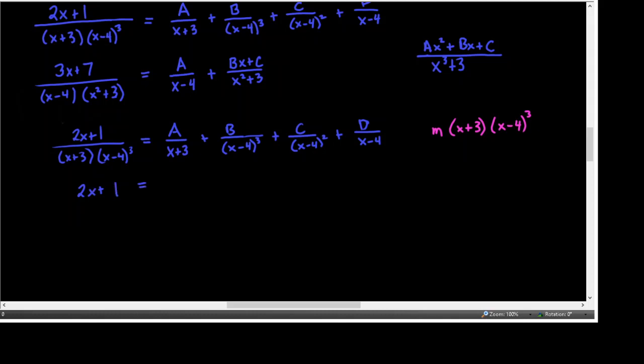Multiplying both of those factors by the first fraction on the right, the x plus 3 cancels, leaving a times x minus 4 cubed. Multiplying both of those by the second fraction on the right, I'll cancel x minus 4 cubed, leaving b times x plus 3.